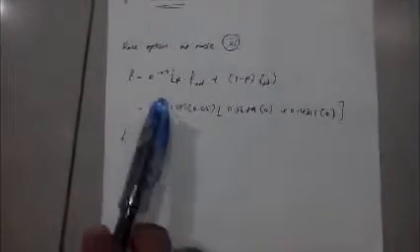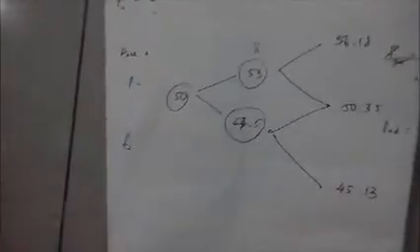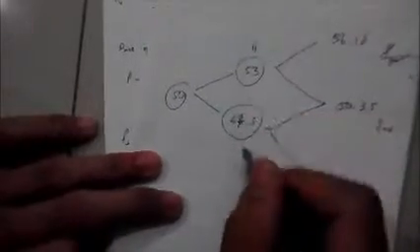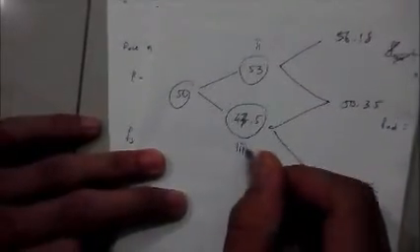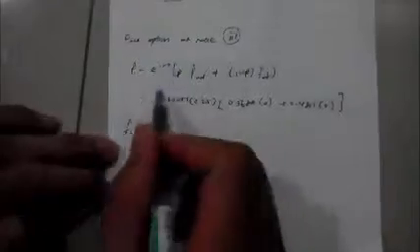All right. Then we need to find the option price at node 3, which is here in the diagram. To find the option price here, there is a given formula.